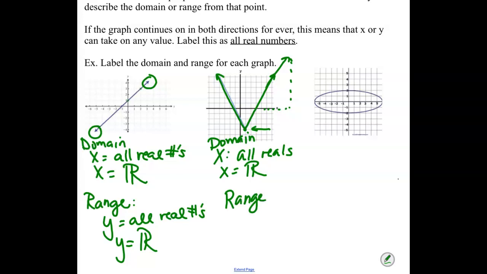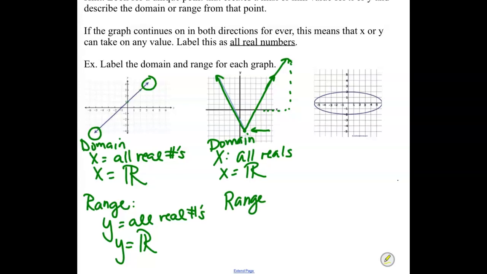The lowest value that our y value gets to is down here at looks like -4. So we would say that our range is y has to be greater than or equal to -4. We can't go below that, but we can be anything going higher. So all of these y values above it are getting used to get over to this point.